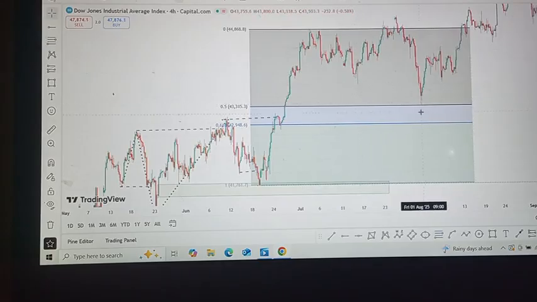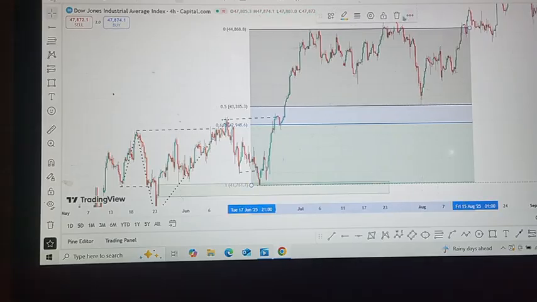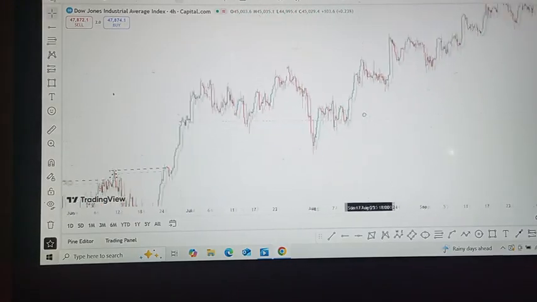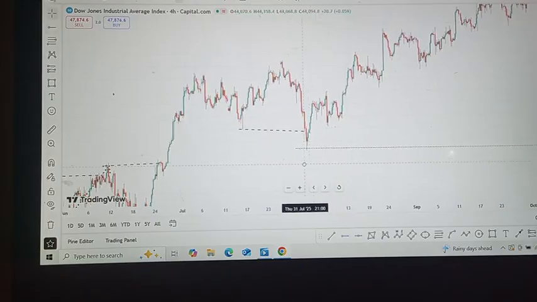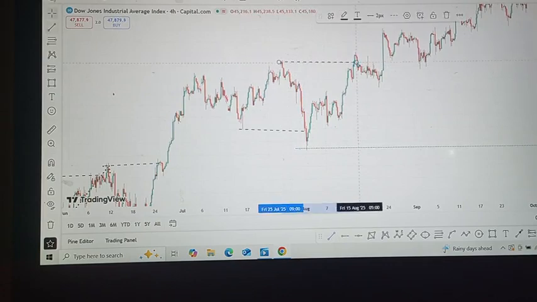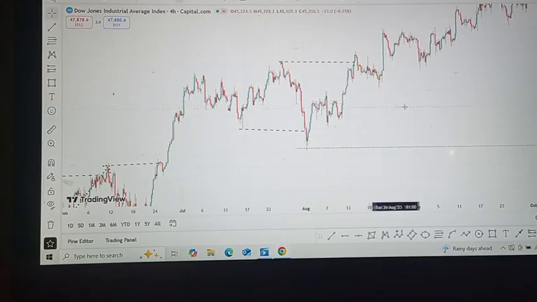But this one came, then tapped the 50% zone and now continued to the upside, which makes this low now swept, and this low becomes protected now. Protected low. Then we had another break of structure. I don't know if you are getting me.